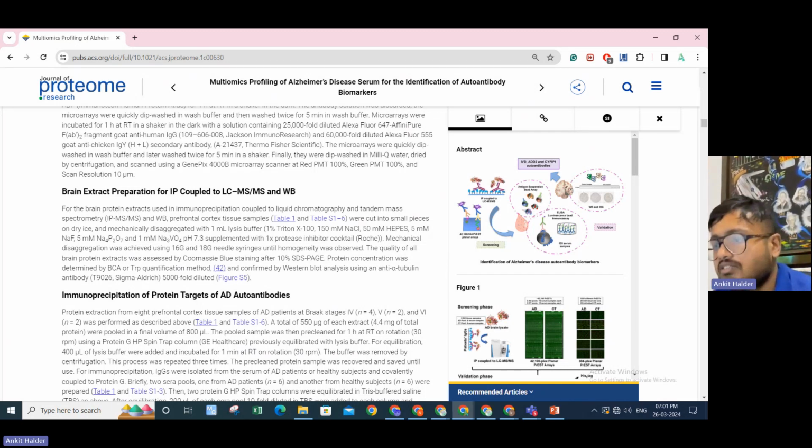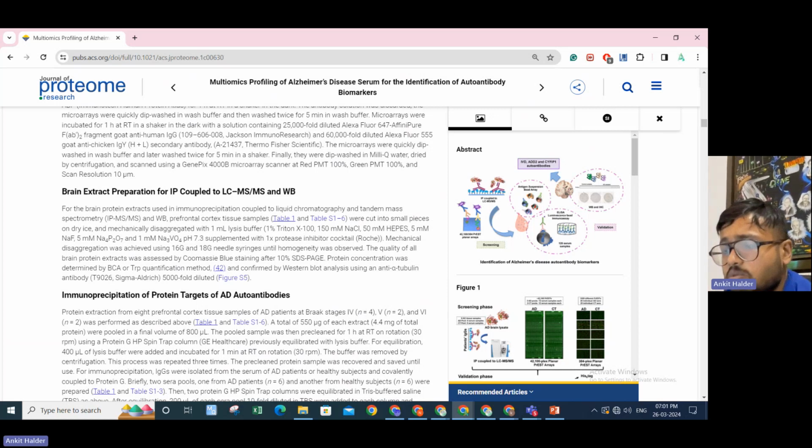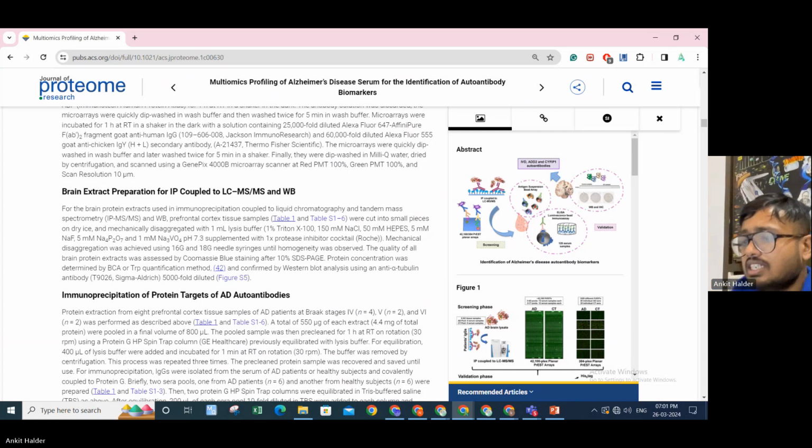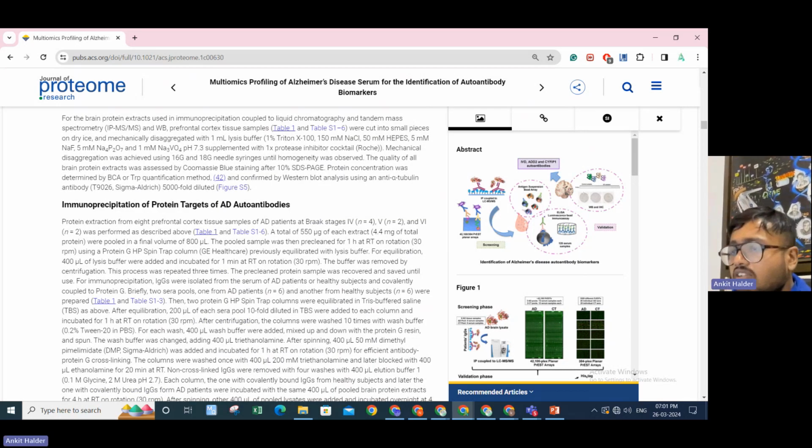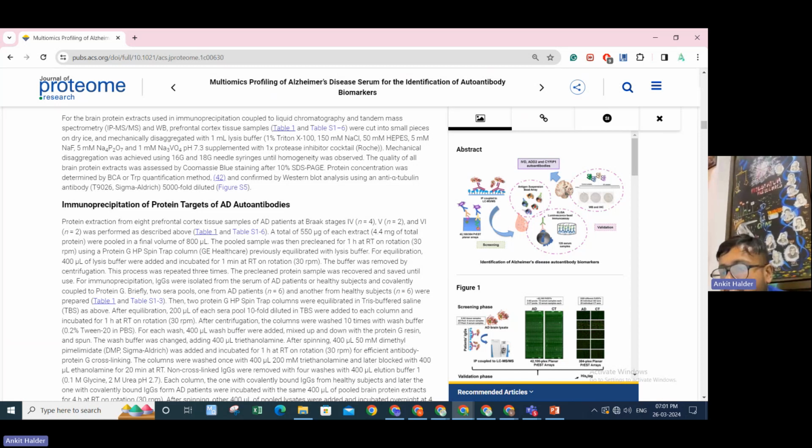IgGs were isolated from the serum and covalently coupled to protein G. Two sera pools, one from AD patients and another from healthy subjects, were prepared. Then two protein G columns were equilibrated. After equilibration, each serum pool was tenfold diluted in TBS, added to each column, and incubated for 1 hour on rotation.